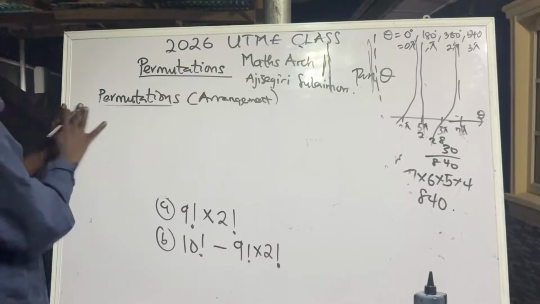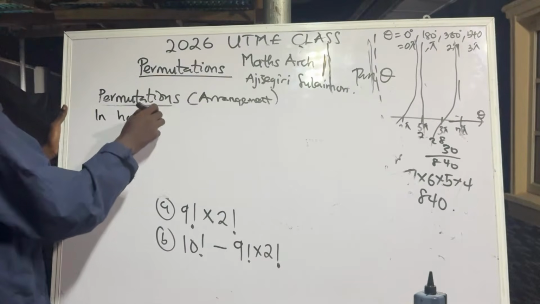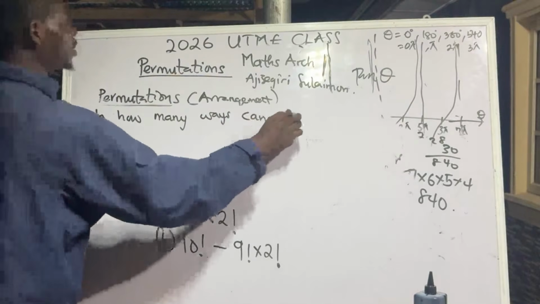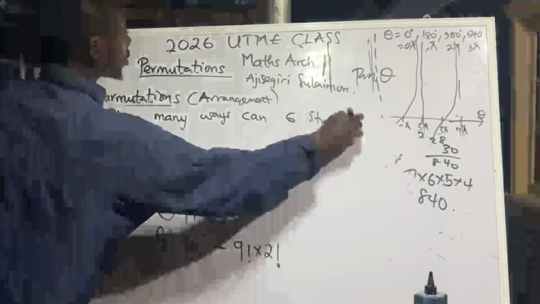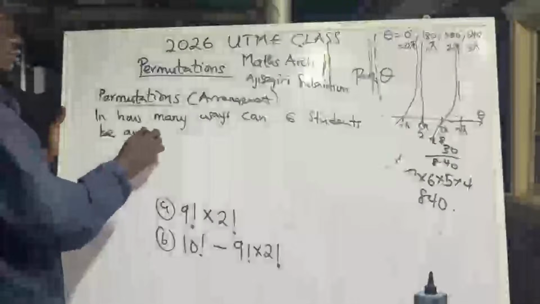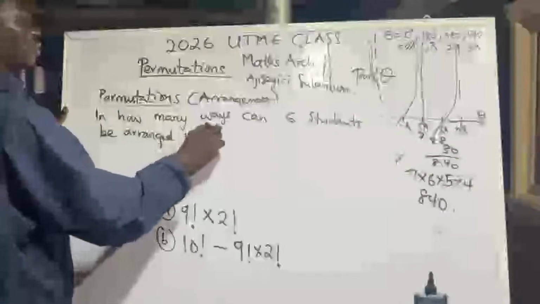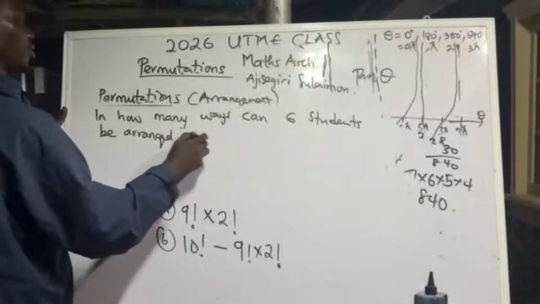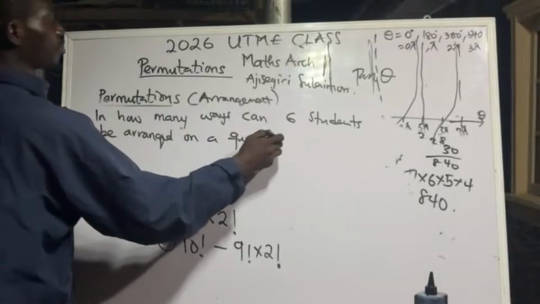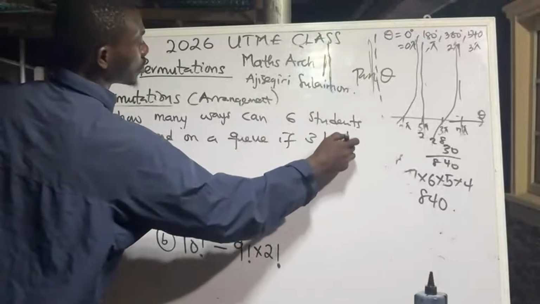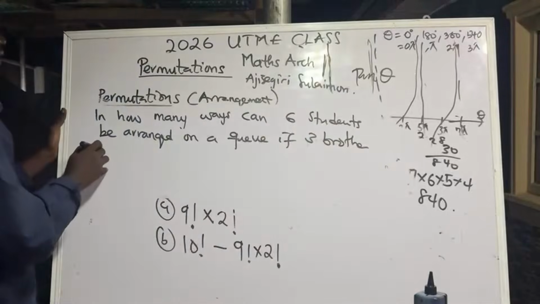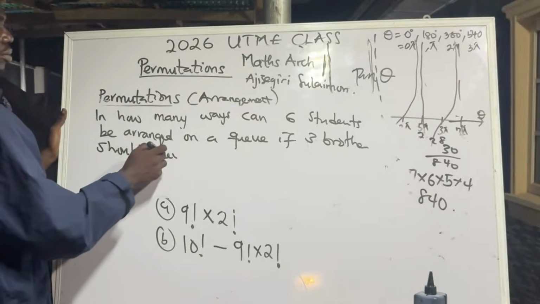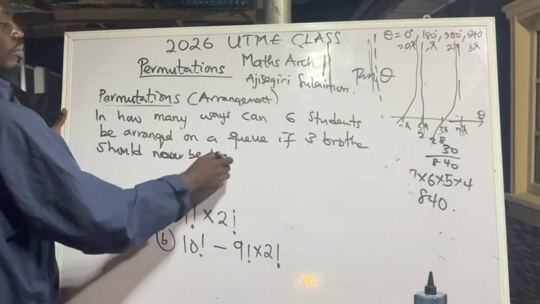Now this one. In how many ways can students be arranged, if three brothers must never be together on a team? Minus, are you counting that one?